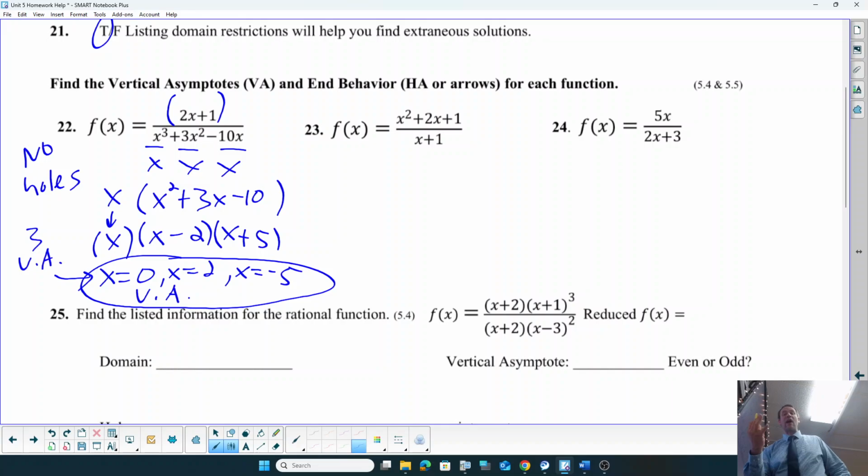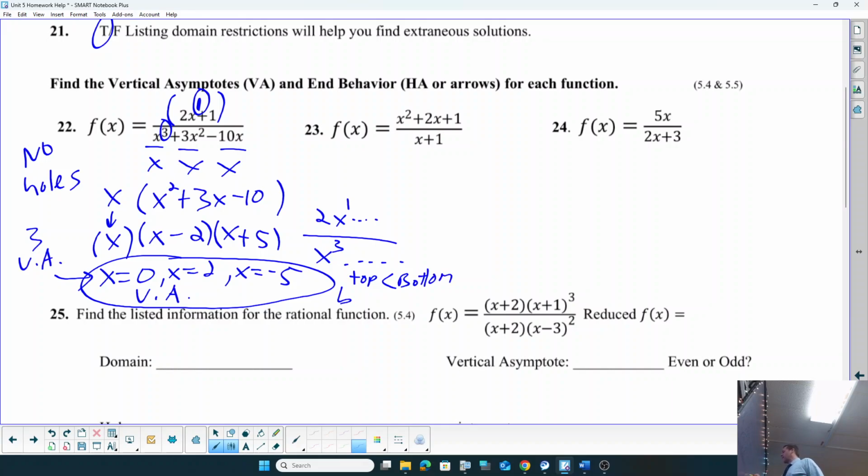So that means we also have a horizontal asymptote, probably, right? And so then we have to look at the powers. Our top power is 2x to the first power over x to the third power, and so top power is less than bottom.